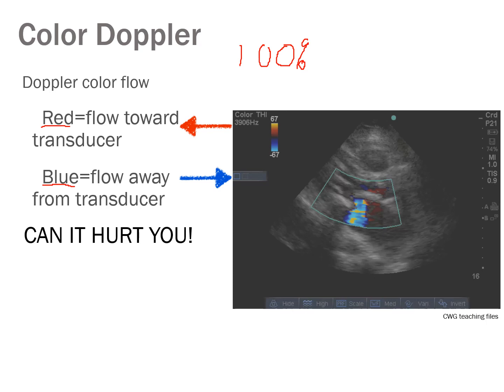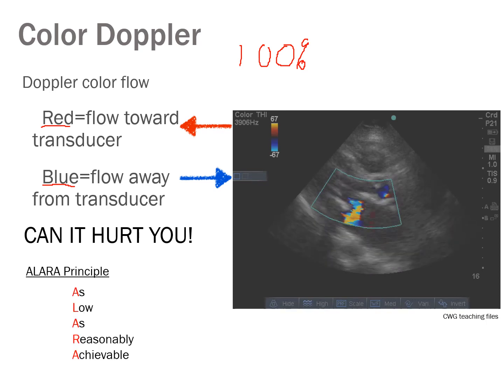So because it's putting more energy into you, I think it's also important to remember that we would want to put this on and into somebody as low as possible as part of the ALARA principle. And the ALARA principle is an overarching safety mechanism in all medical imaging, and it stands for as low as reasonably achievable.